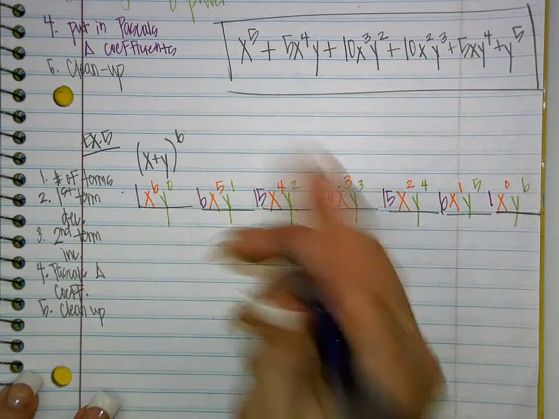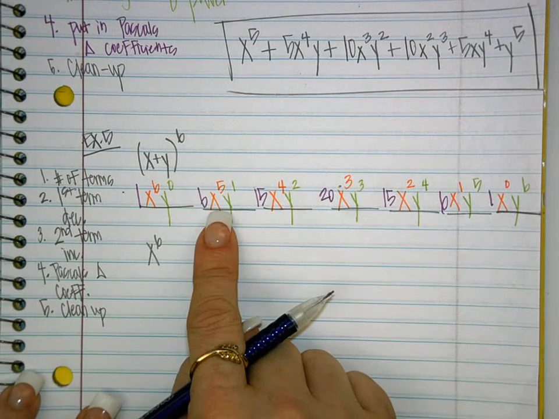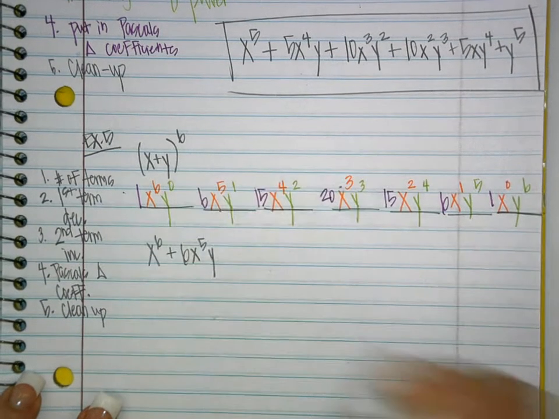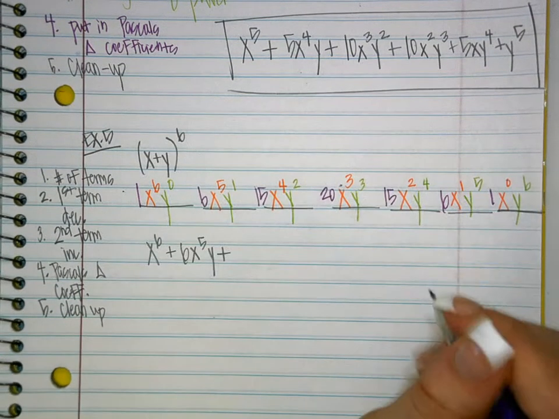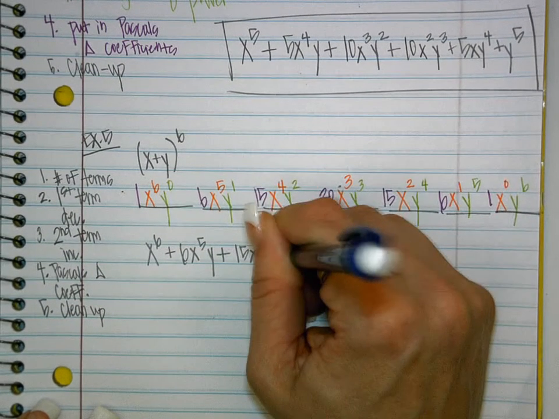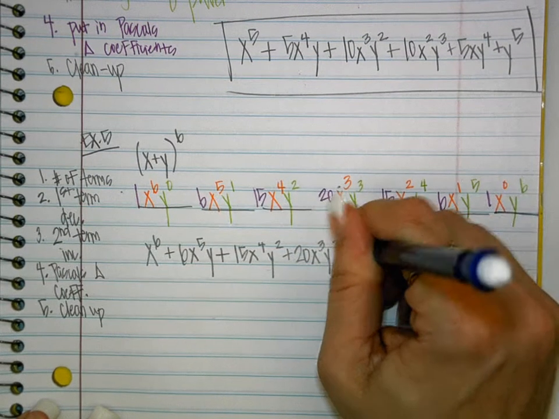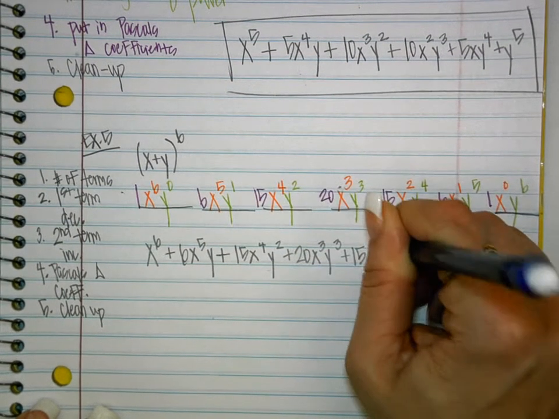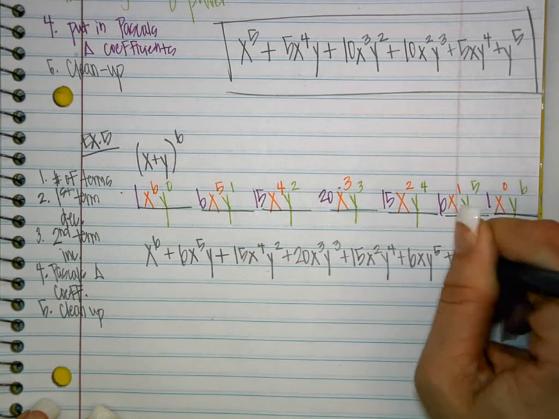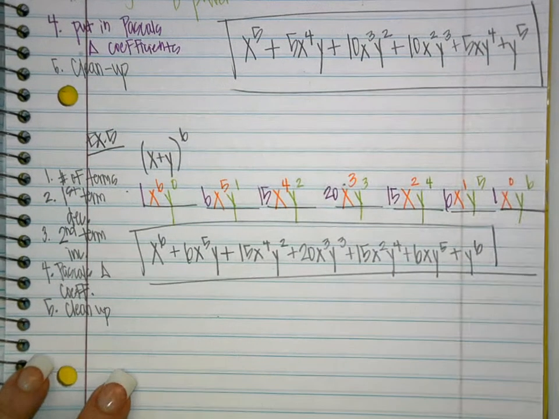Your first term is actually x to the 6th. 6 times x to the 5th times y gives you plus 6x to the 5th y plus what? 15 x to the 4th y squared plus 20 x cubed y cubed plus 15 x squared y to the 4th plus 6 xy to the 5th plus y to the 6th. This is the correct binomial expansion.